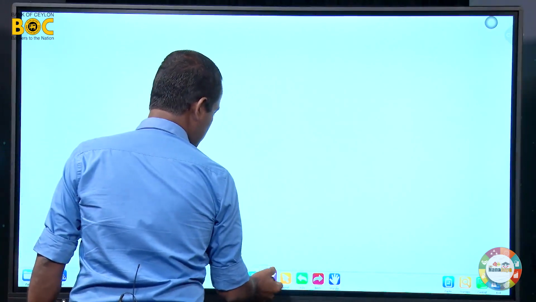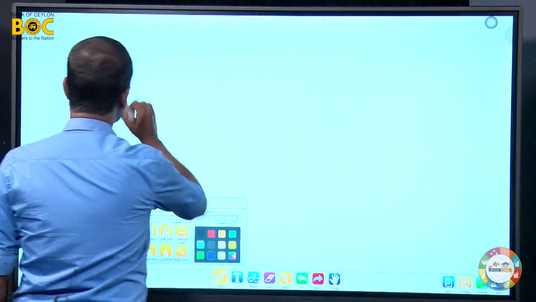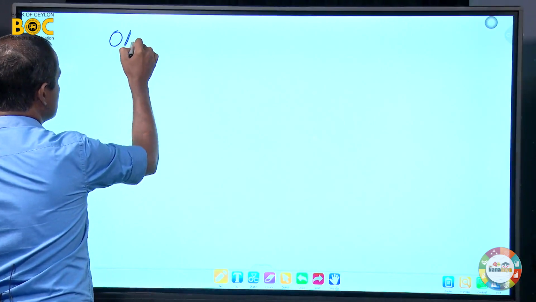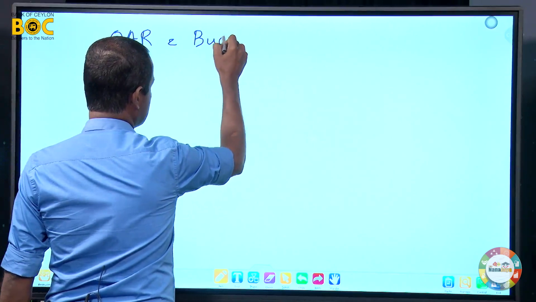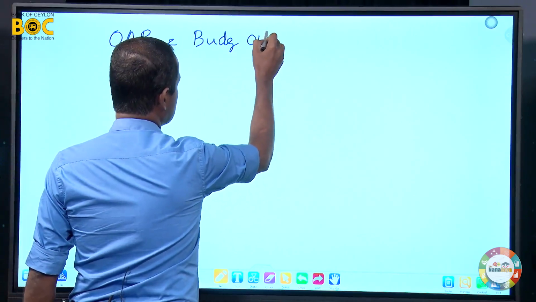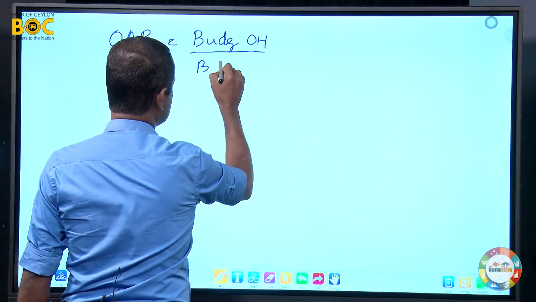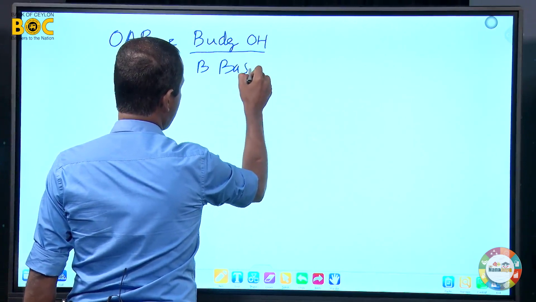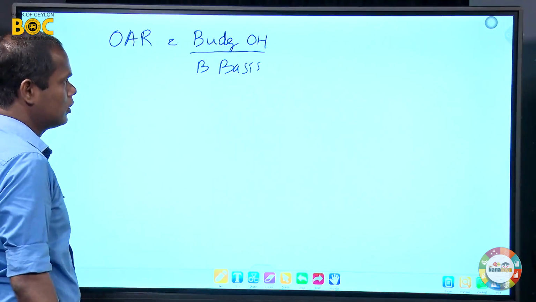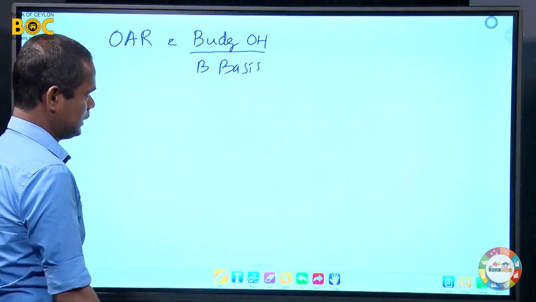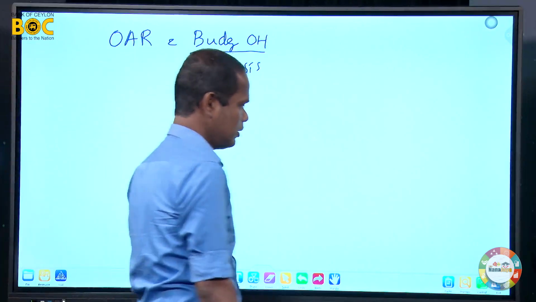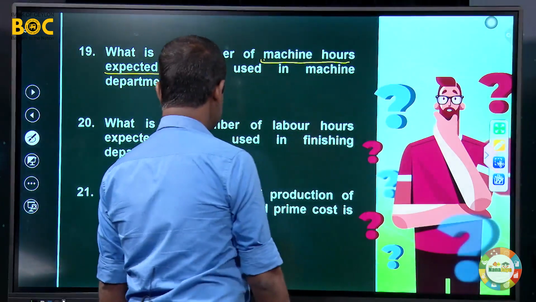And how do you calculate the absorption rate? Overhead absorption rate is equal to budgeted overhead divided by budgeted basis. This is the formula to calculate the overhead absorption rate.